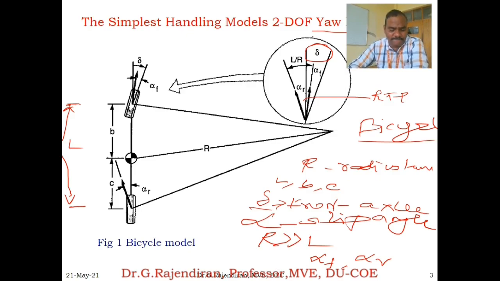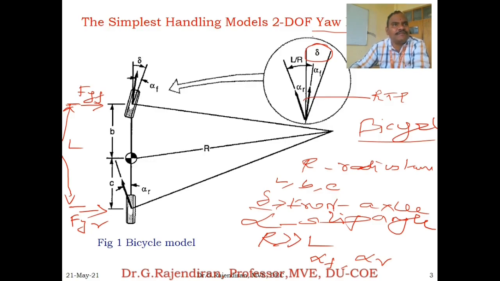Now, when the vehicle is taking a turn, what is the centrifugal force? This is the lateral force. Acting in which direction? Correct, Fy. The centrifugal force is acting at the tire contact plane.